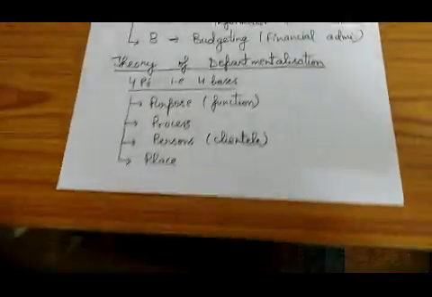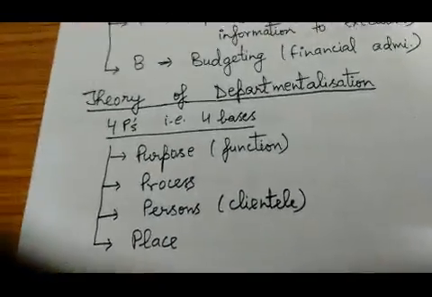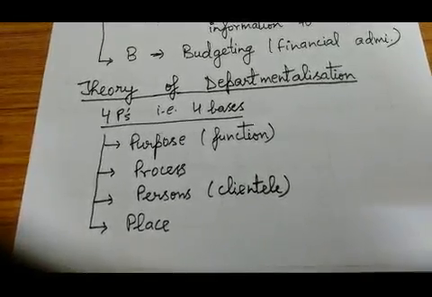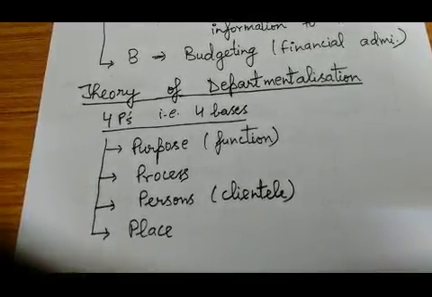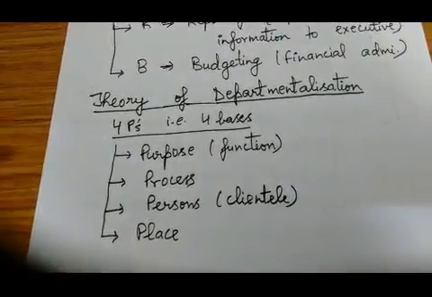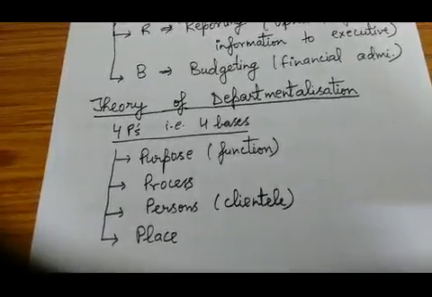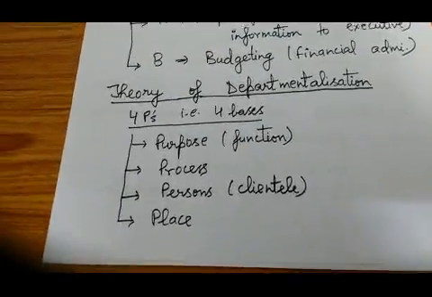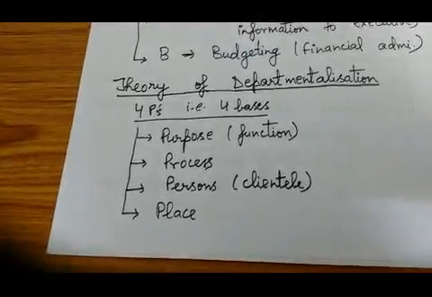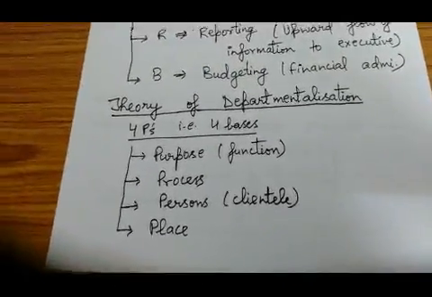Then process means the work that people do in the organization, specialization of functions. In this base you can make sure that a specialist can work in a particular place, and they know how to coordinate with each other.